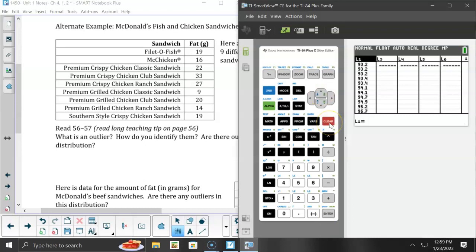Stat is right by the left arrow, the first thing in there. Did we all get it cleared? We have list 1 showing up. Now we enter our 9 data points.